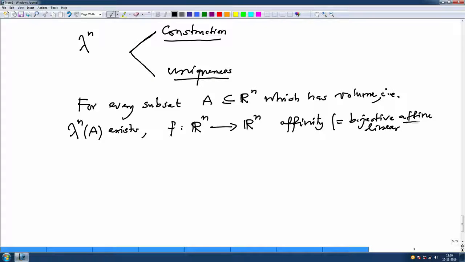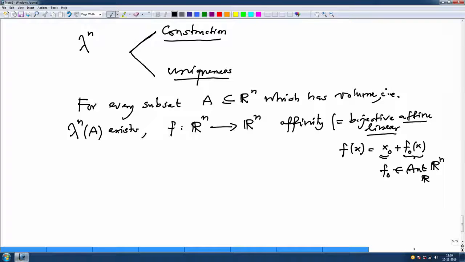And what is an affine linear map? It means F(x) looks like a translation first, x naught plus f naught of x, where this f naught is now R-linear. So F fixes x and translates: all points are translated by this x naught, and this f naught is an automorphism of Rn.